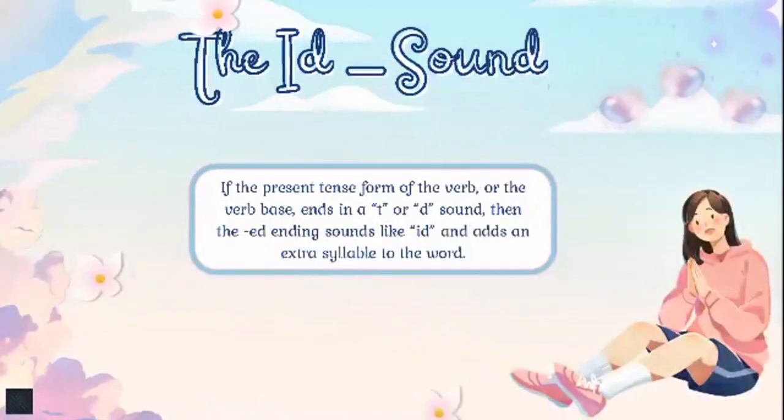Our last rule, the -ed sound. It says if the present tense form of the verb, or the verb base, ends in a t or d sound, then the -ed ending sounds like id and adds an extra syllable to the word. Look at this example.